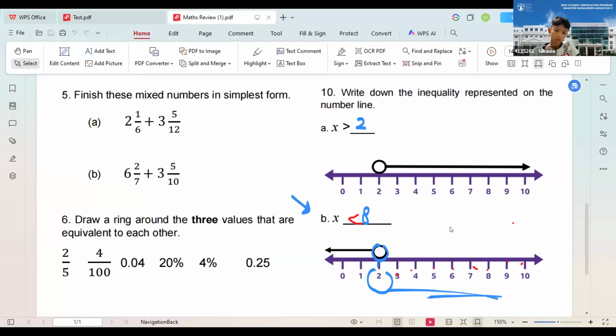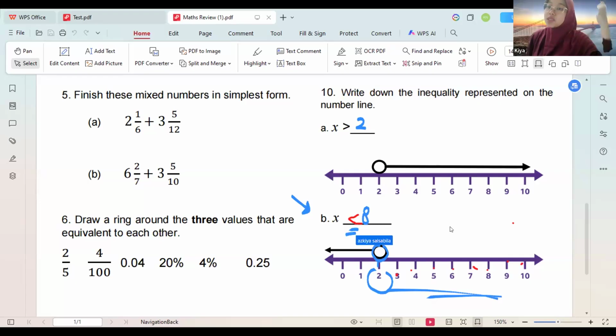No. Okay, so the inequality is correct, you use this. But the number you use is not 8, but the number where the circle appears. Where's that? Also 2.